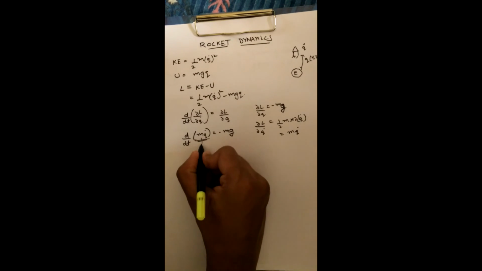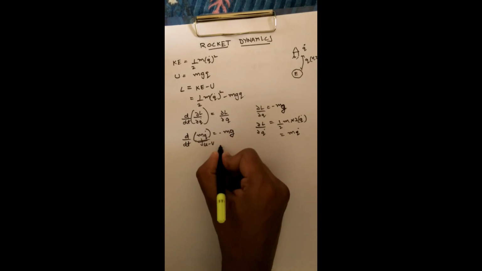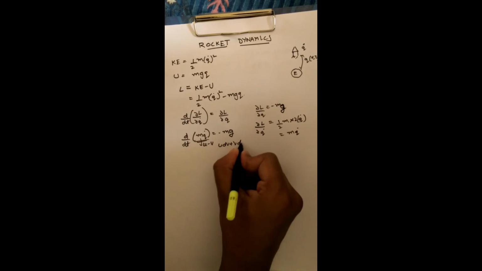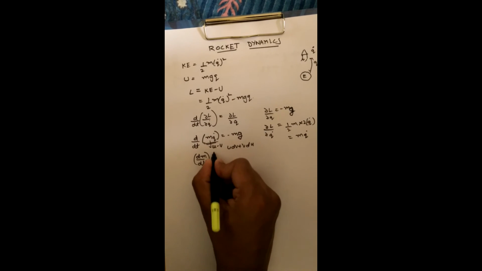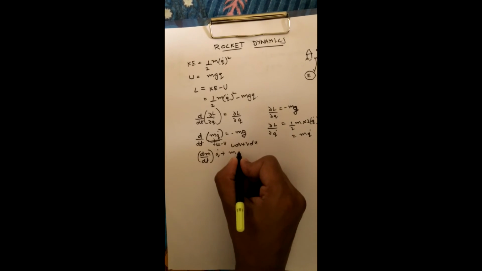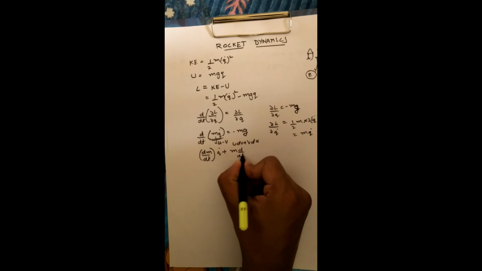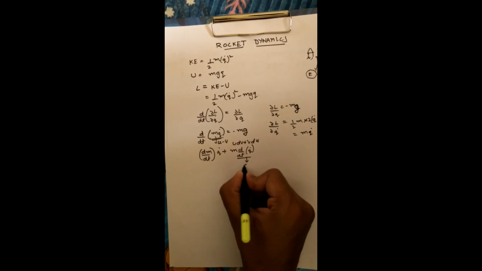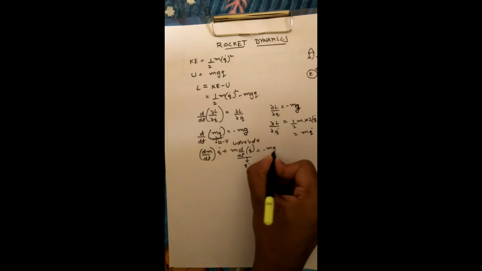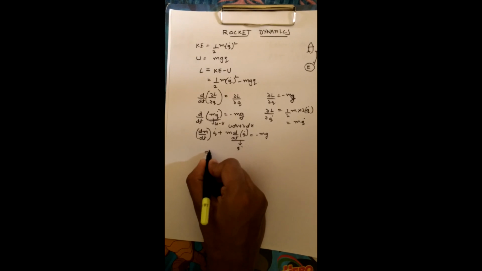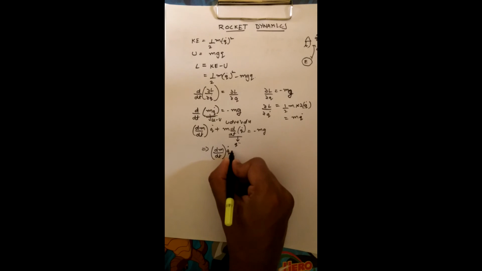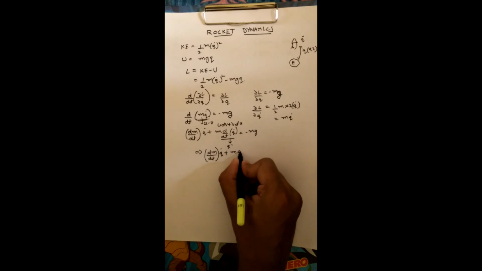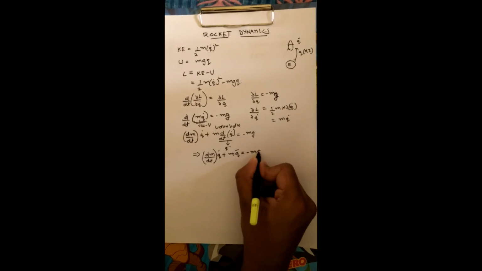Now this can be written using the uv rule, which is u dv plus v du. So here it is written as dm by dt into q dot plus m into d by dt of q dot, which is q double dot, equal to minus mg. So the final equation which we get using Lagrangian is dm by dt into q dot plus m into q double dot is equal to minus mg.